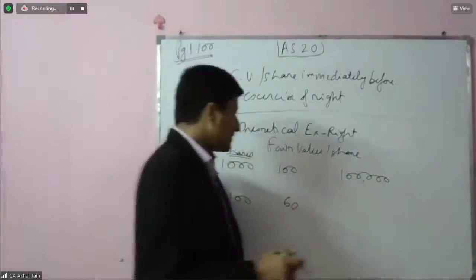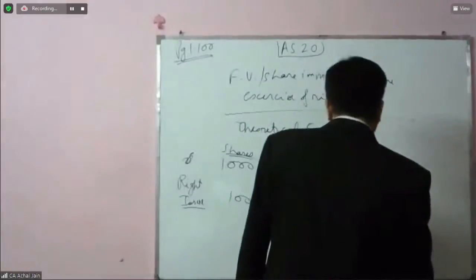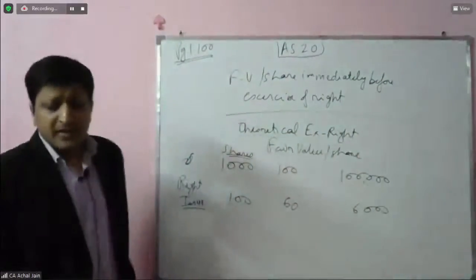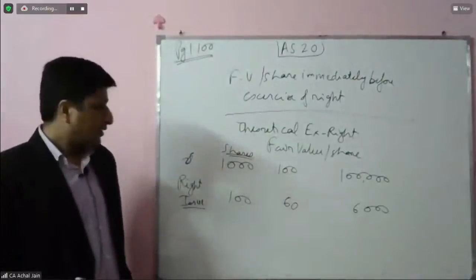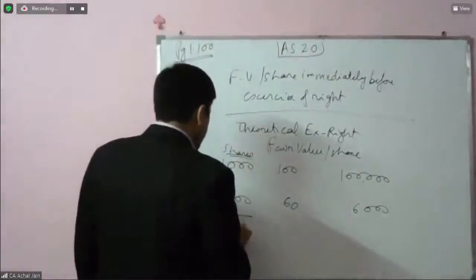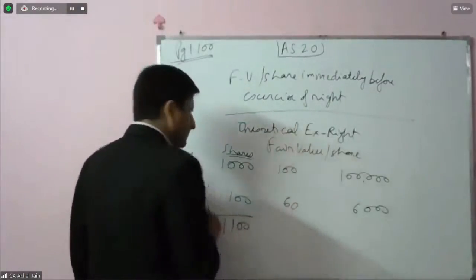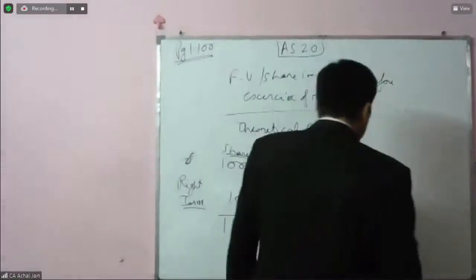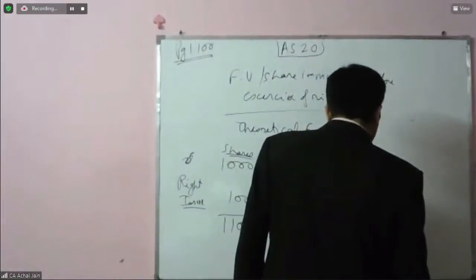It will be 6,000. So after right issue, what is going to be the total number of shares? 1,100. And total value will be 1,06,000.